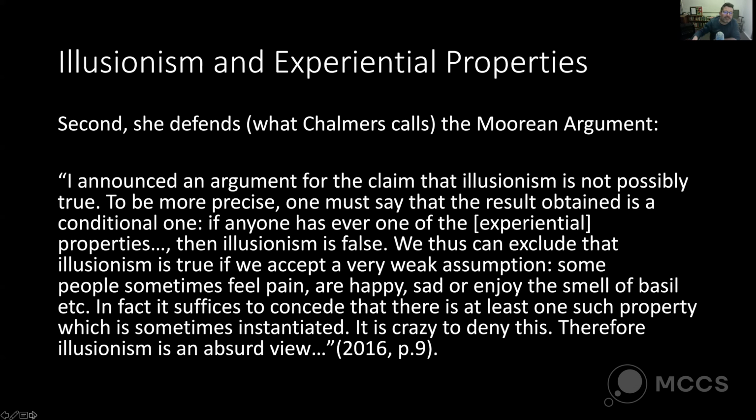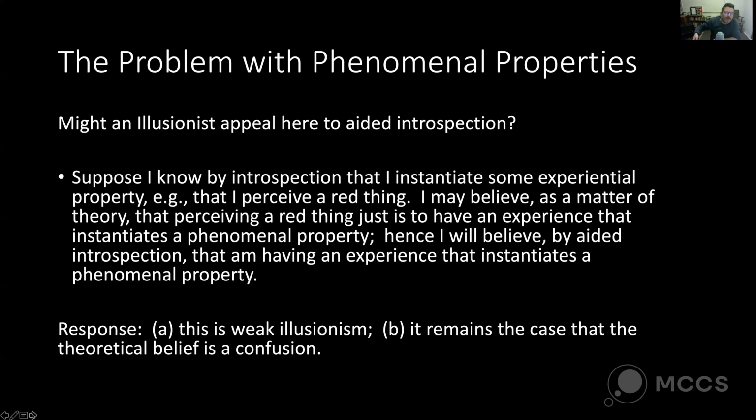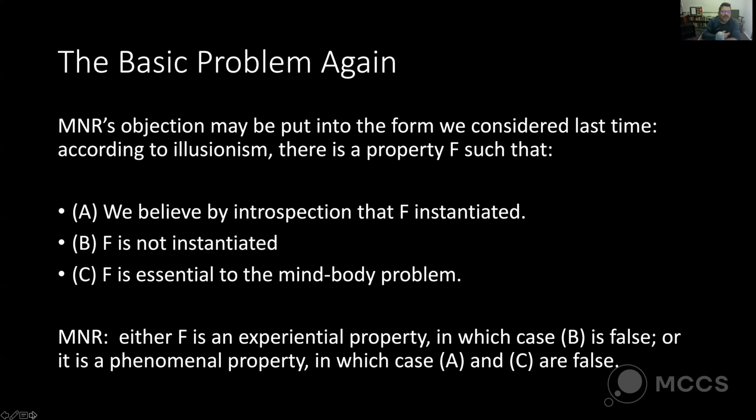So if we go back to the version I mentioned above, where the basic problem is that according to illusionism, there's a property F such that it satisfies these three conditions. And we can think of Nida-Rümelin's objection as saying, well, F is either an experiential property or a phenomenal property. Experiential properties are properties of subjects. Phenomenal properties are properties of events. Well, if it's an experiential property, then B is false.